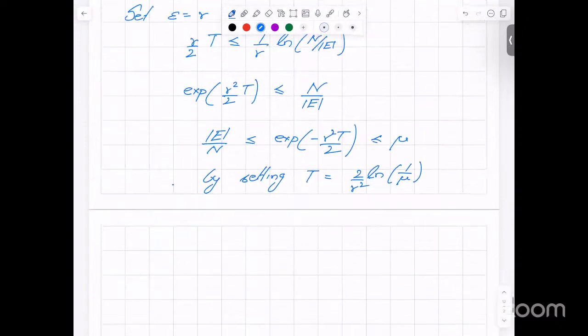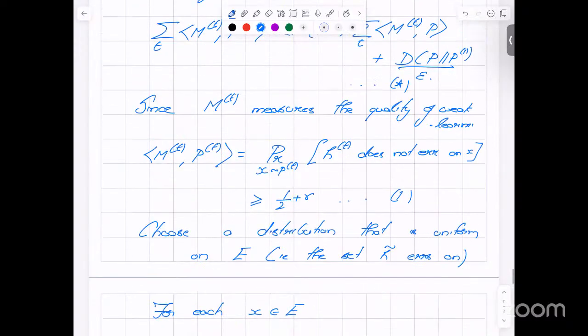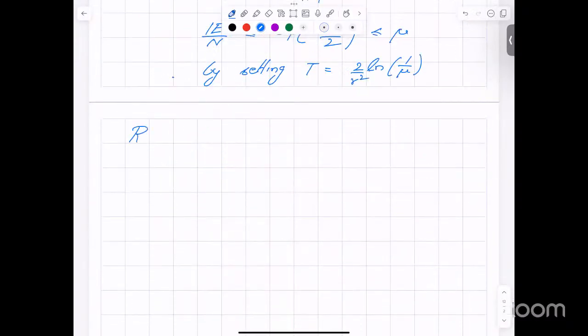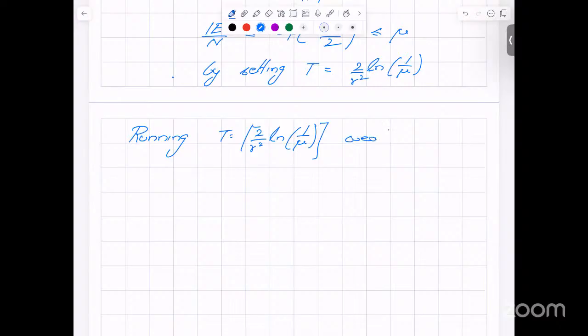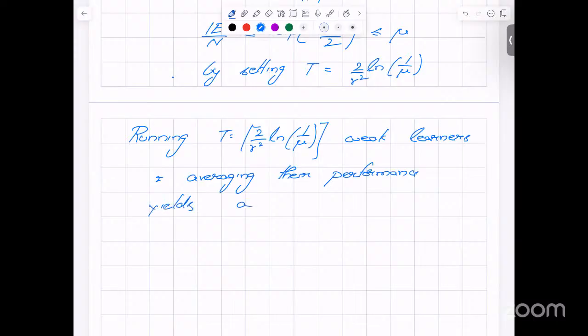So basically, all of this was just a calculation. What am I saying? Running 2 by gamma squared ln 1 over mu weak learners and averaging their performance yields a strong learner.